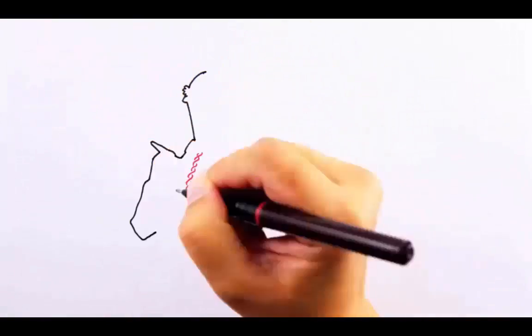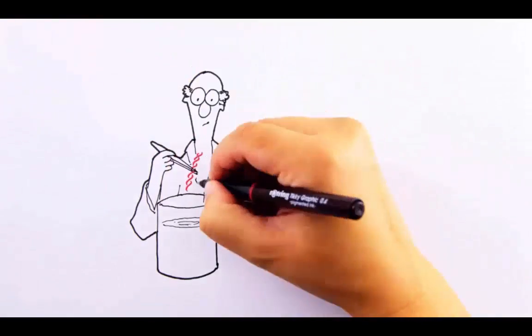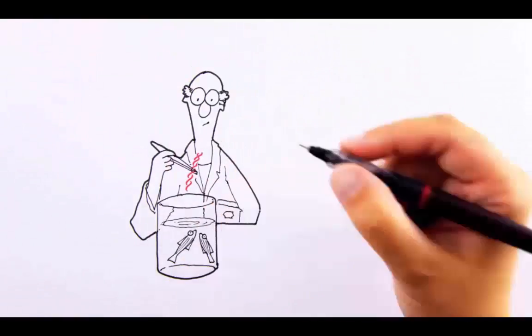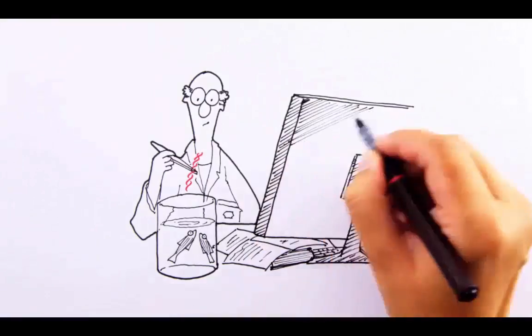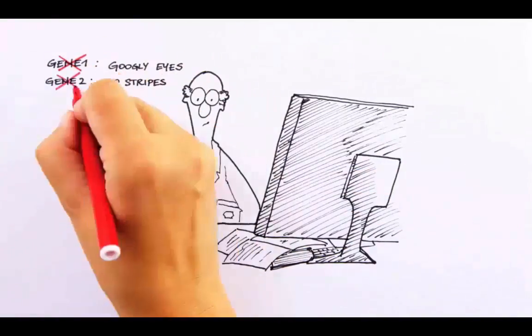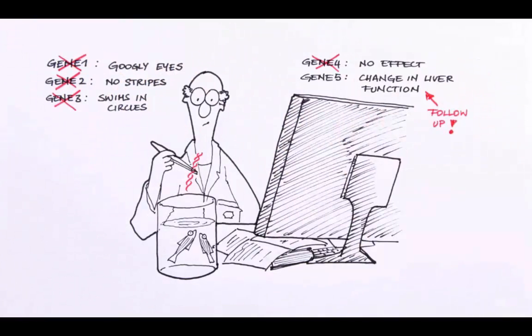It is also possible to do the opposite. Change one gene at a time in cells or simple organisms and observe the resulting effect, the so-called phenotype of the mutation. If the phenotype has some similarity with a disease state, it can give ideas about the possible relation between the mutated gene and the disease.